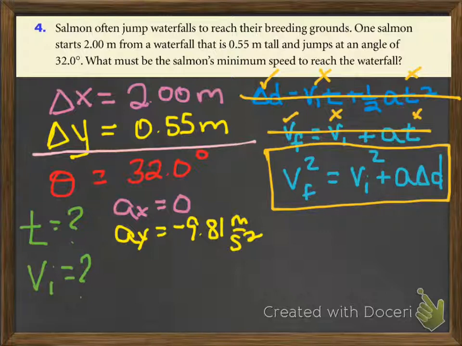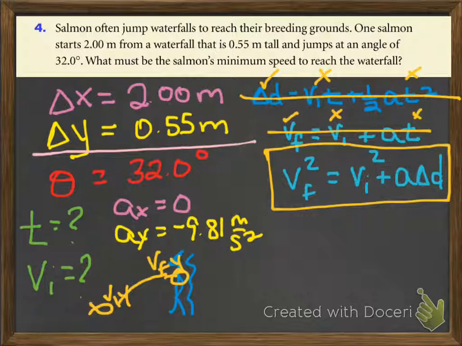As your fish jumps up to the waterfall, we know that it has initial velocity in the y direction, and the final velocity in the y direction will be 0, because that will be at the midway point of your whole parabola.